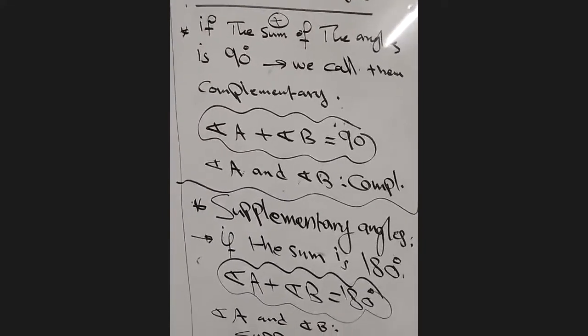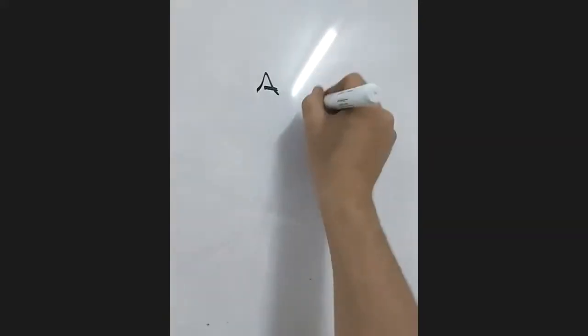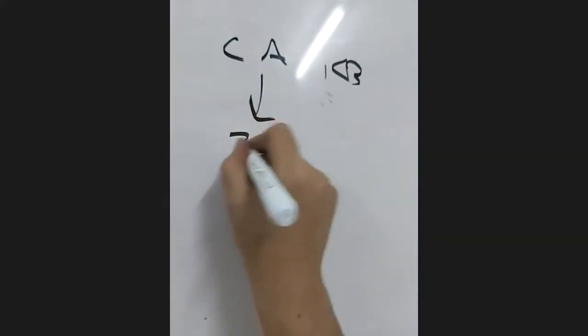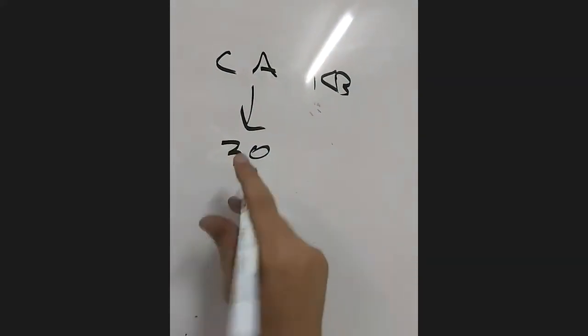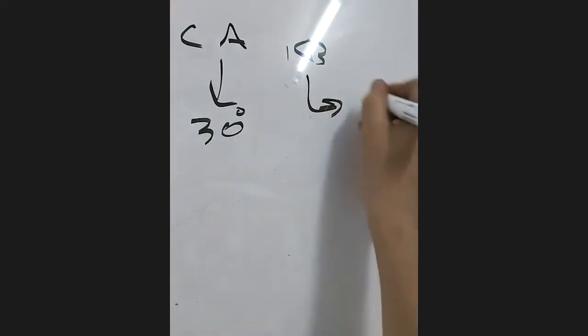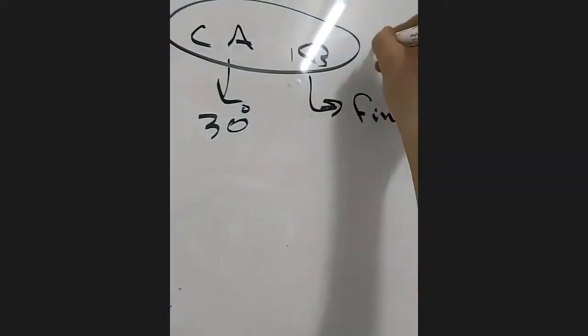Now, if I have two angles, A and B, and A is 30 degrees, find angle B, if the two angles are complementary.